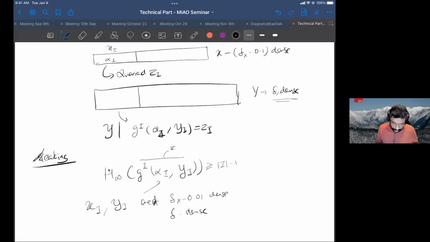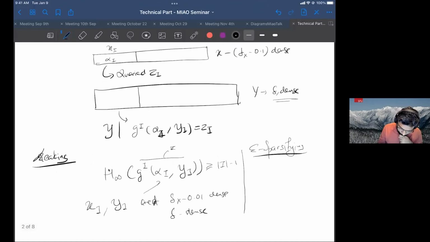And now this is the easier one, which just follows from this. But what about sparsifying? This one is harder to handle. So what is sparsifying?